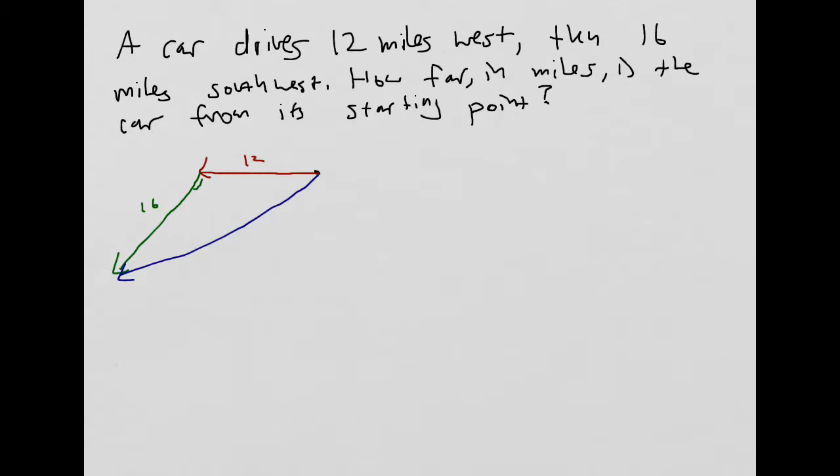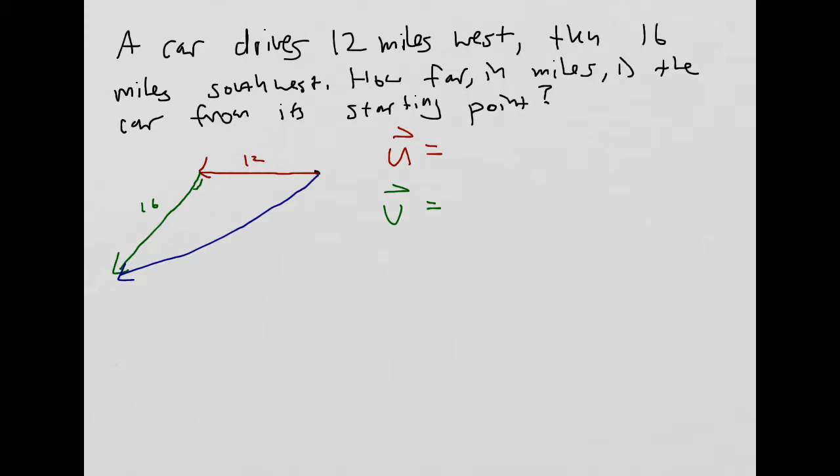We have this vector u, which is the red one, and this vector v, which is the green one. If we want to get the vector in blue, this is just vector math, which means we have to get the components of u, get the components of v, and then add them together, and that will give us the blue vector. Then we should be able to find its magnitude.